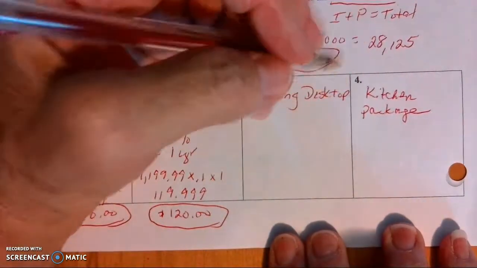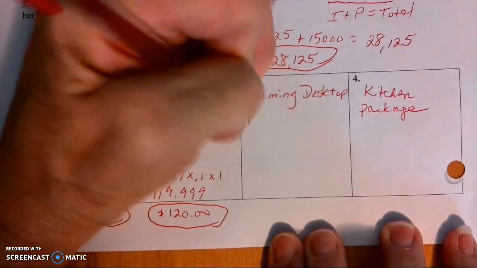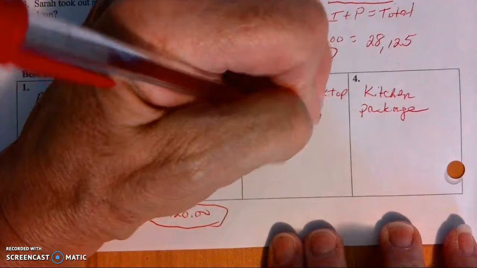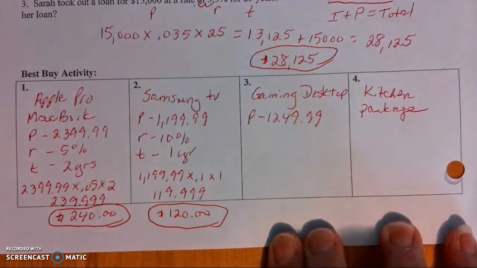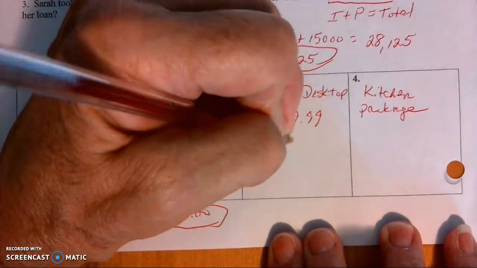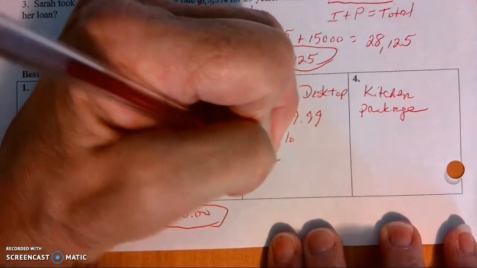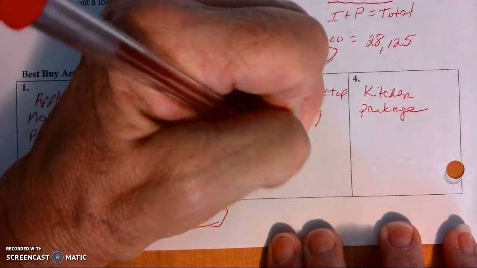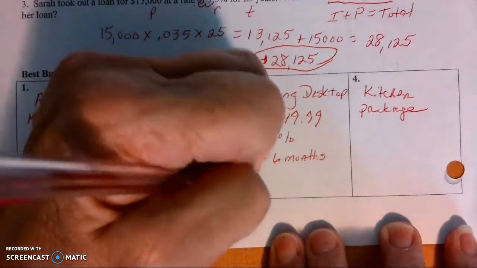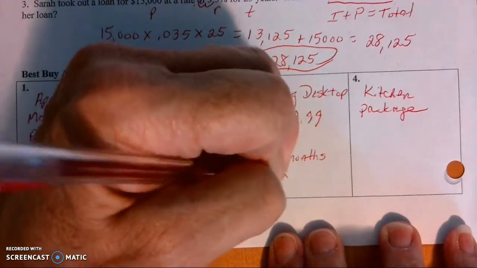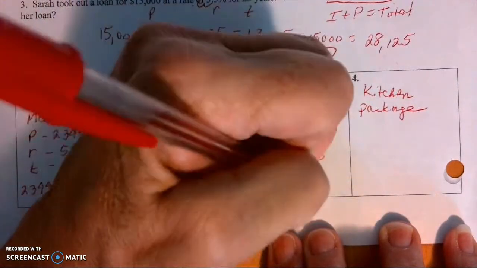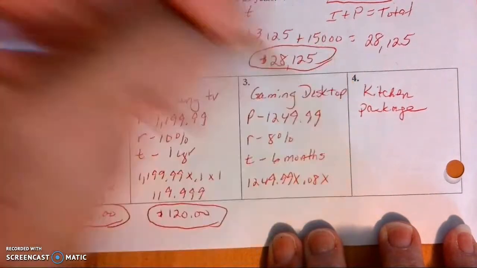All right, third item I bought was a gaming desktop. So principal is $1,249.99. 8% is going to be the rate. Only this time, I'm only going to take this loan out for 6 months. So 1249.99, that's my principal, times, again, move my decimal point 2 places, 0.08.